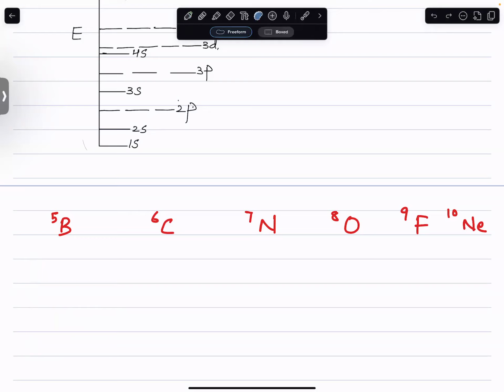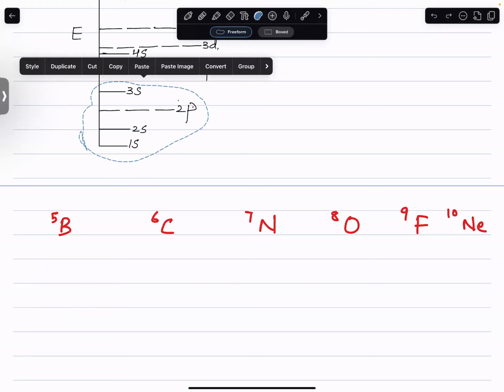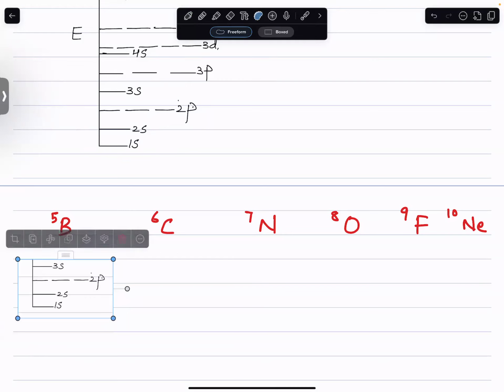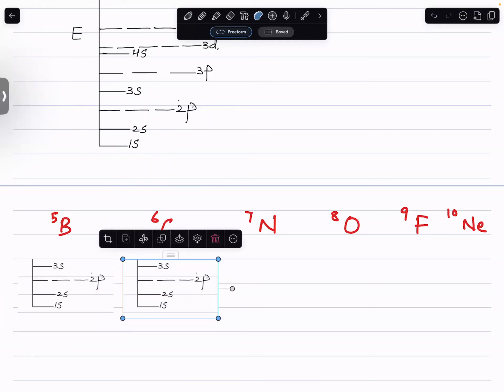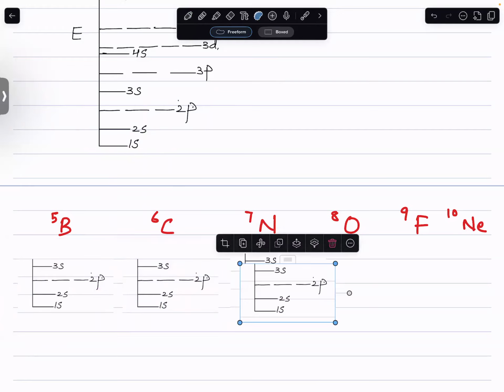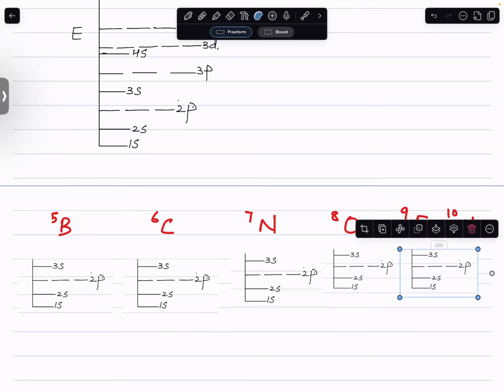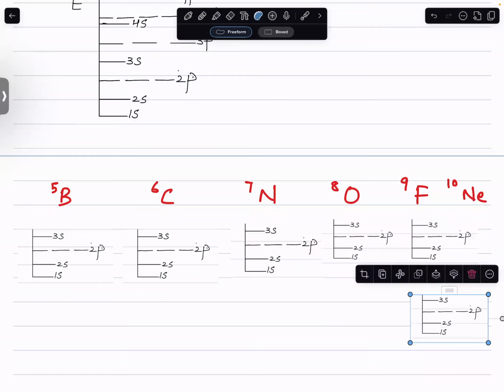Can I just cut this much? Or neon this way. Okay.